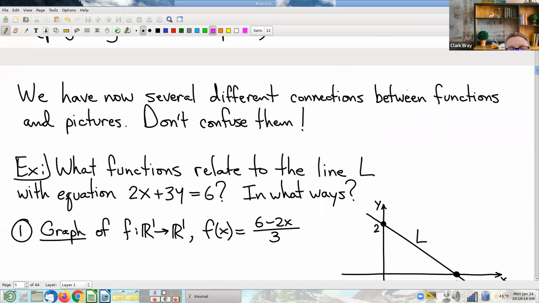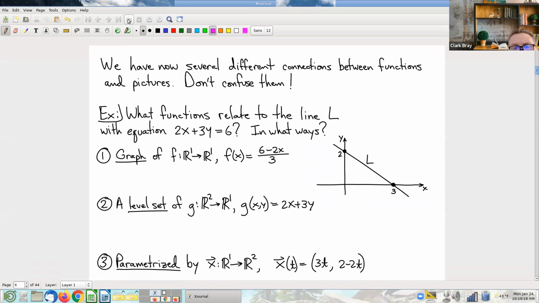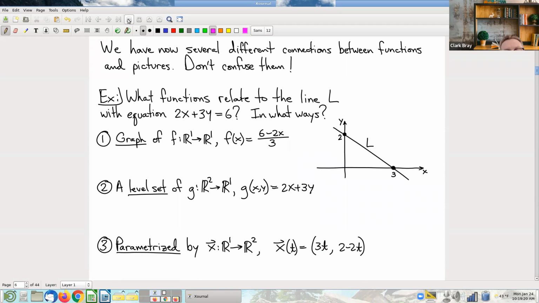And then we ended with this example. I think this is a really important example. It shows all the different, well, 3 different ways anyway, that you can use algebra to describe a curve. And very often, this is what we do with algebra. We have some geometric object, here a line, and we want to get some algebra on the page so we can start doing some calculus and compute some stuff, right?